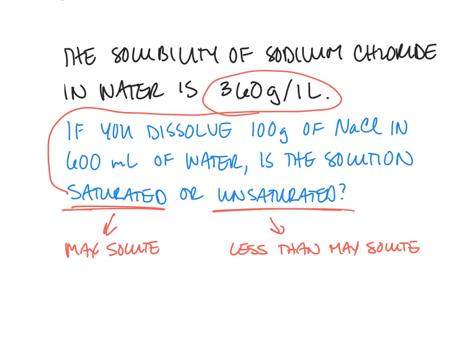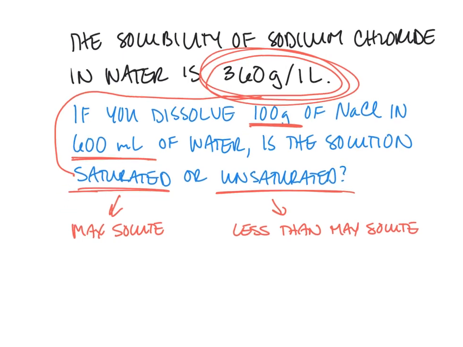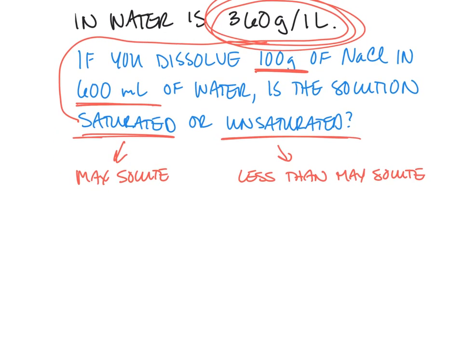So what we're going to do is we're going to find our ratio that I gave you in the problem, so 100 grams and 600 milliliters, and we're going to compare that to our solubility ratio of 360 grams per 1 liter. So I'm going to do my 100 grams in 600 milliliters. So when I do 100 divided by 600, I get 0.167 grams per milliliter.